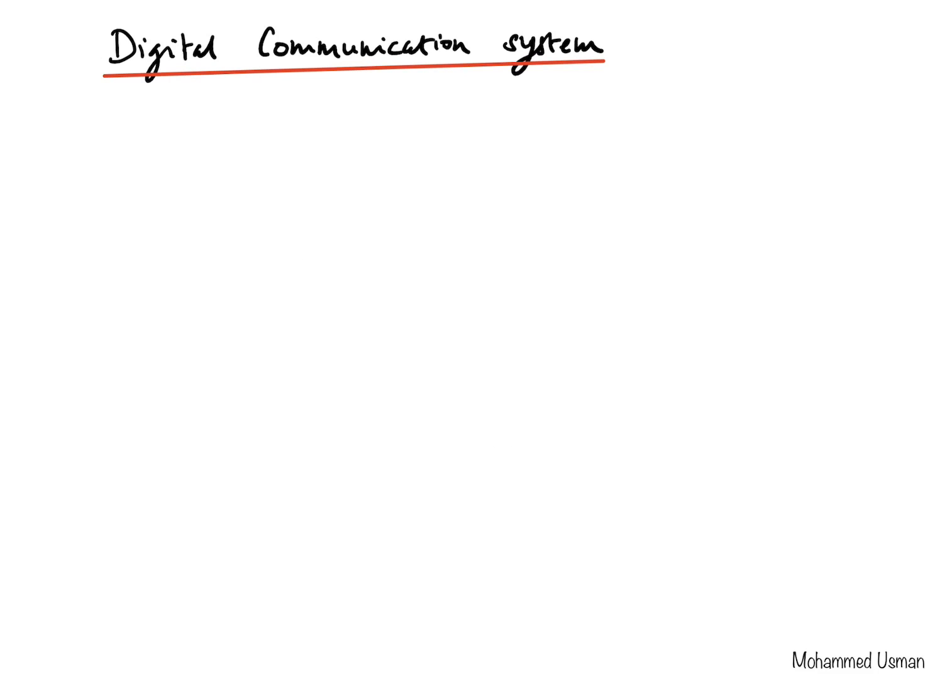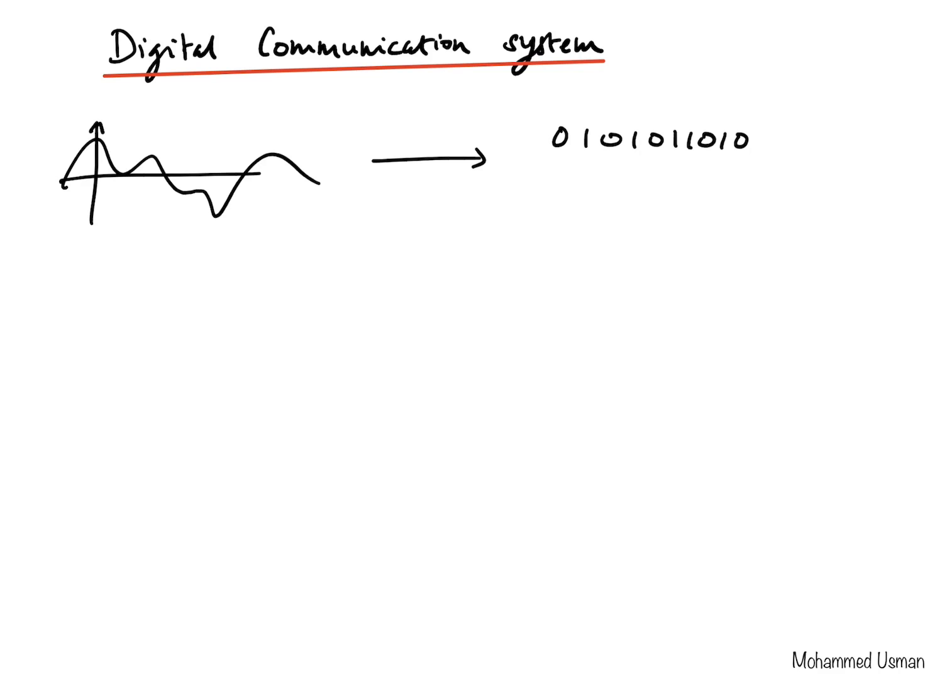So first of all, before we go into the digital communication system, let us quickly review what a digital signal itself is. In the analog communication system, we are dealing with waveforms, but in the digital domain, we are dealing with bits. So the analog signal is converted to a digital signal or digital data, and that digital data could be represented as some form of pulses.